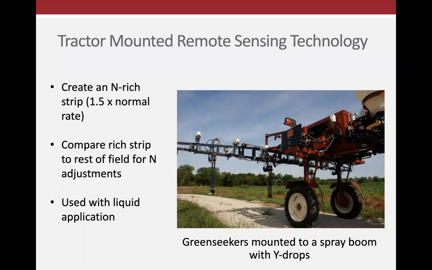So this is the technology that's out there. We don't see a lot of this in Ohio, but there are certainly people that do use it. Again, there's getting your system set up and running and having confidence in it. There's a steep learning curve with that.